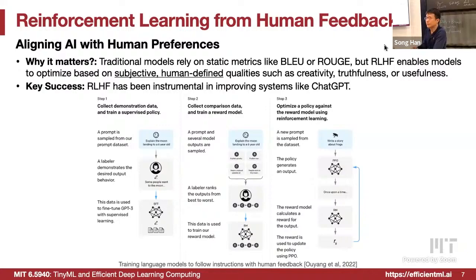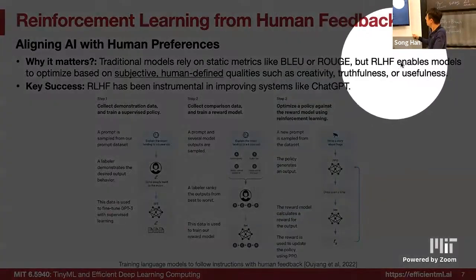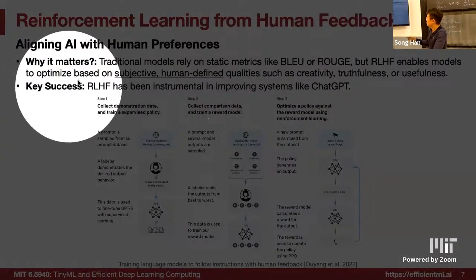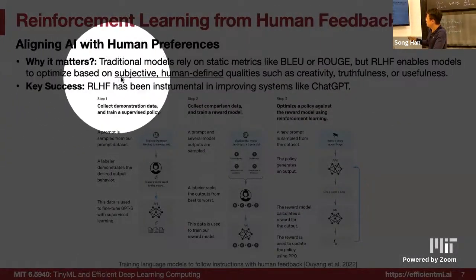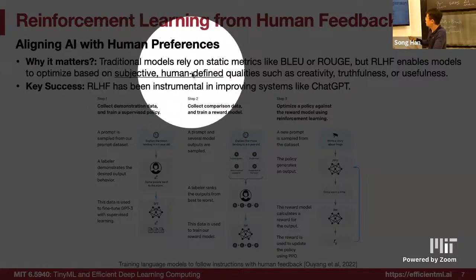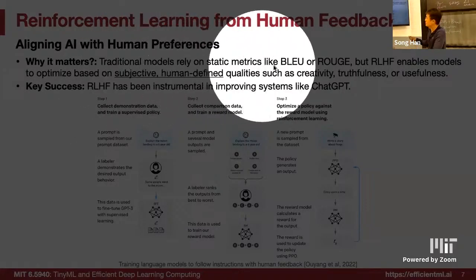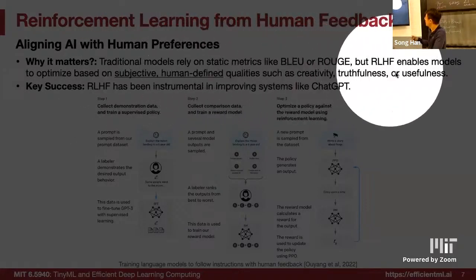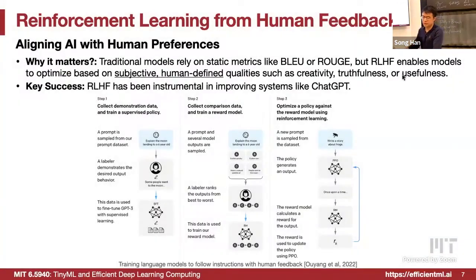It's not something that we prefer. So we use RL from human feedback to enable the model to optimize based on very subjective and human-defined qualities, such as creativity, truthfulness, or usefulness. And that is a very crucial technique in improving systems like ChatGPT. And let's see how that works.